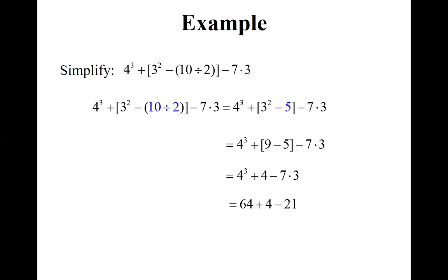Finally, we add or subtract as we come to it from left to right. 64 plus 4 is 68. 68 minus 21 is 47. If you get anything but 47, you've done something incorrectly, very likely not followed the order of operations.